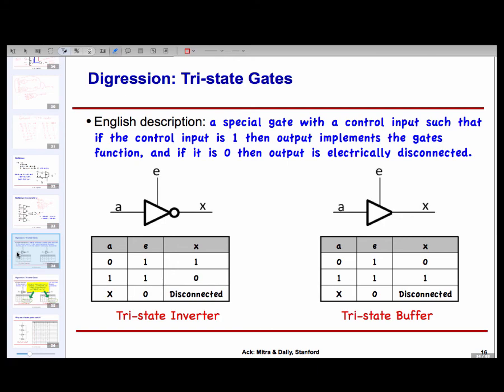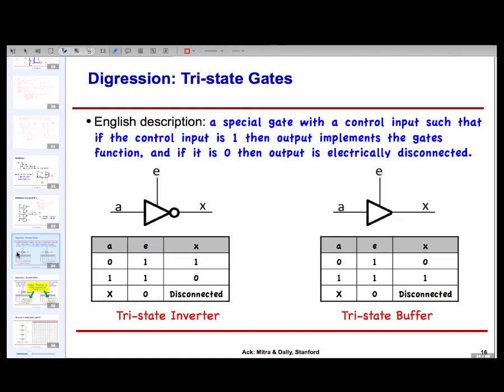But the point is, if you connect two different voltages, bad things happen, because through a wire with very little resistance, a high amount of current will flow. So the circuit will burn, smoke. So I cannot tie them. If I have gates of these types which always output a voltage, either ground, 0 volt, or 5 volt, and I tie them together, then bad things can happen if they're outputting different things.